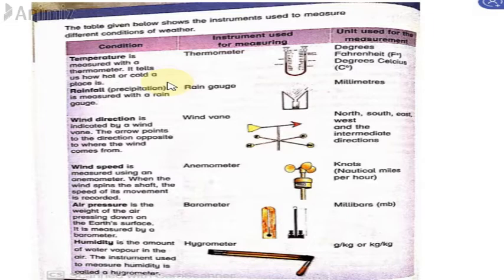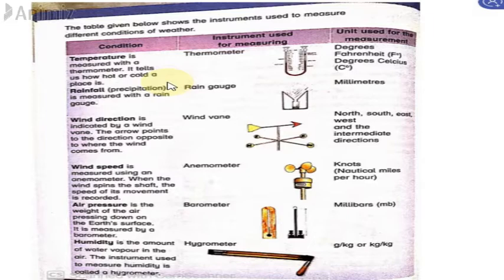Just like we use a thermometer to measure the body temperature, we use a thermometer to measure the temperature of anything. The instrument that is used to measure the temperature of something is called a thermometer. And what does it tell? It tells us how hot or cold a place is.